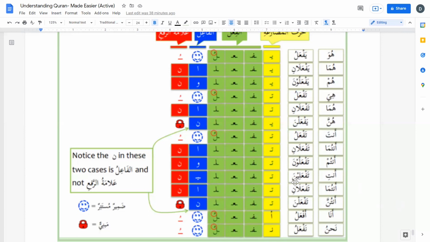For anti, it is ya. After lam, you see a ya. This ya is the doer in anti taf'alina. Yaf'alani, taf'alani, taf'alani all have alif as doer.